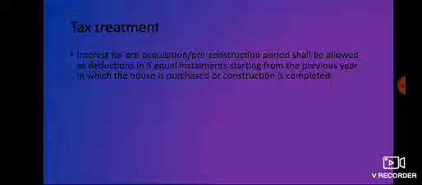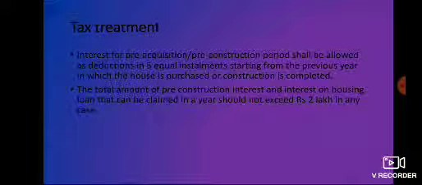How do we treat pre-construction or pre-acquisition interest? Interest for pre-acquisition or pre-construction period shall be allowed as deduction in 5 equal installments starting from the previous year in which the house is purchased or construction is completed. The total amount of pre-construction interest and interest on housing loan that can be claimed in a year should not exceed rupees 2 lakh in any case.